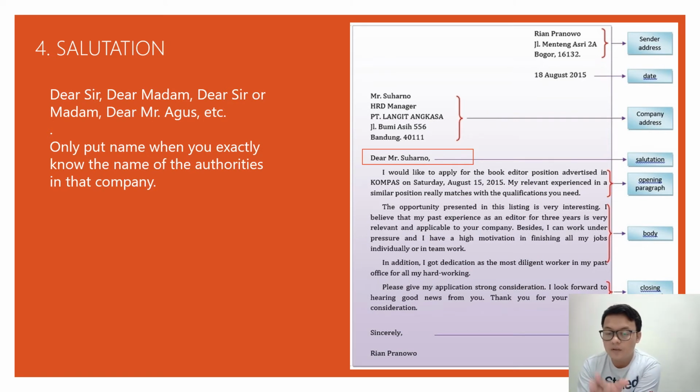If you see the example, dear Mr. Suharno, it means that Mr. Suharno is the one who is going to read this application letter and going to give the decision whether you are going to be accepted or not. If you don't know the name, then only say dear sir or madam, because we cannot predict whether it will be a sir or a madam who will read our application letter, right? Okay.